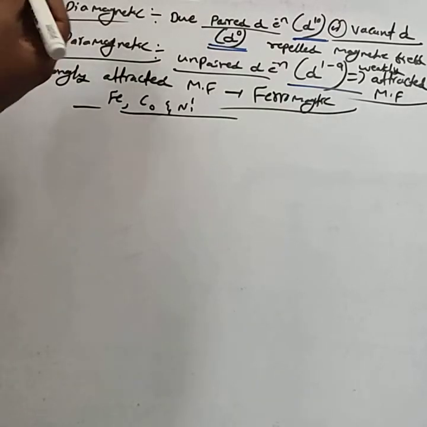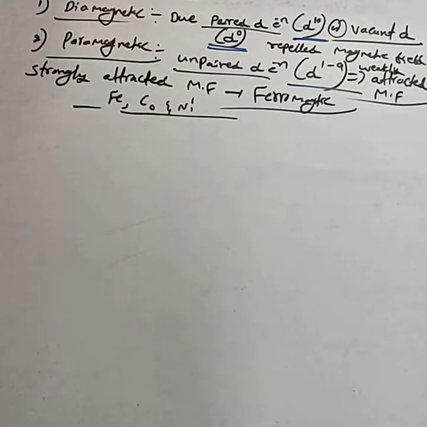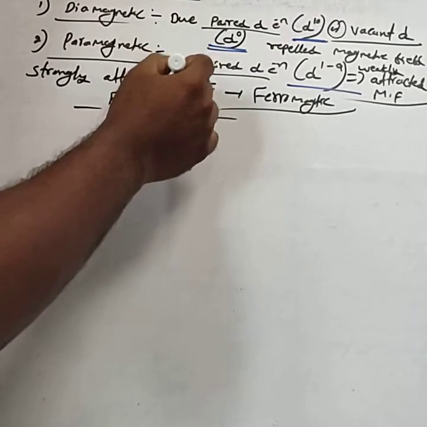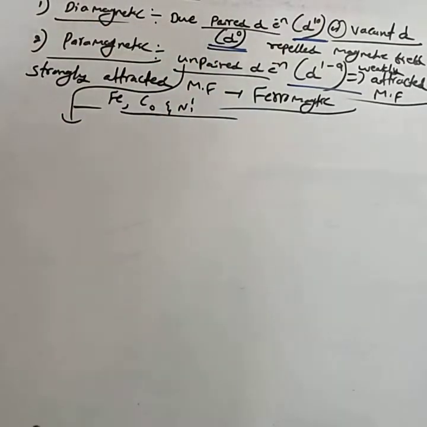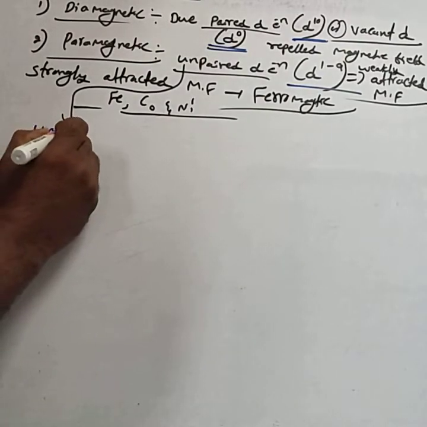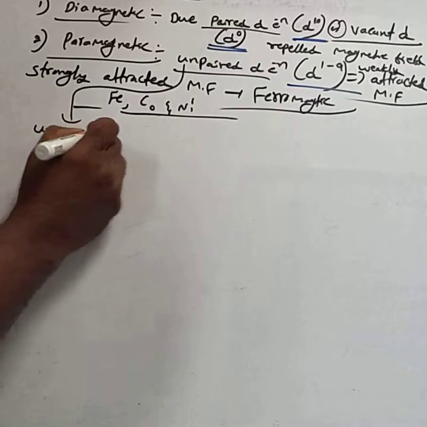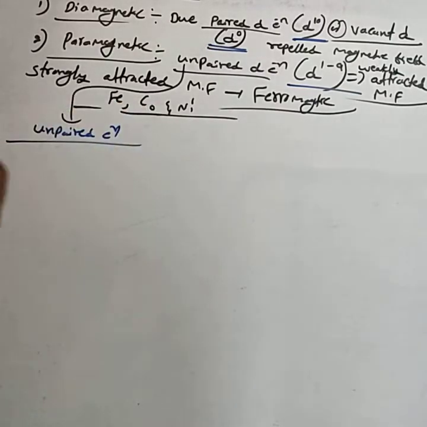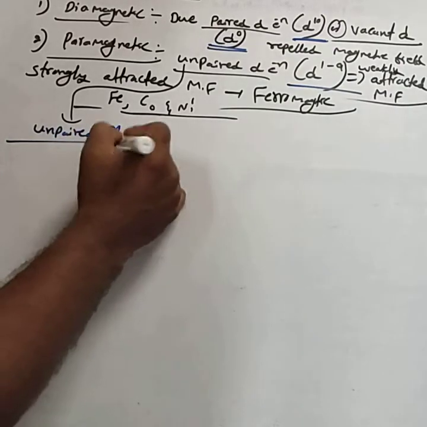Then this paramagnetic property, as already studied, is due to the presence of unpaired electrons.